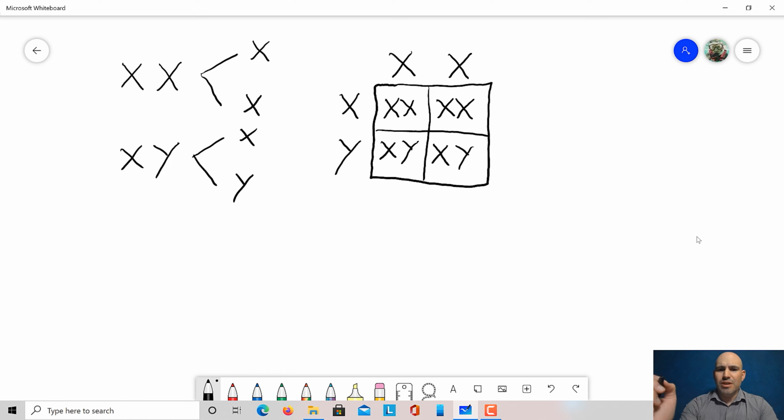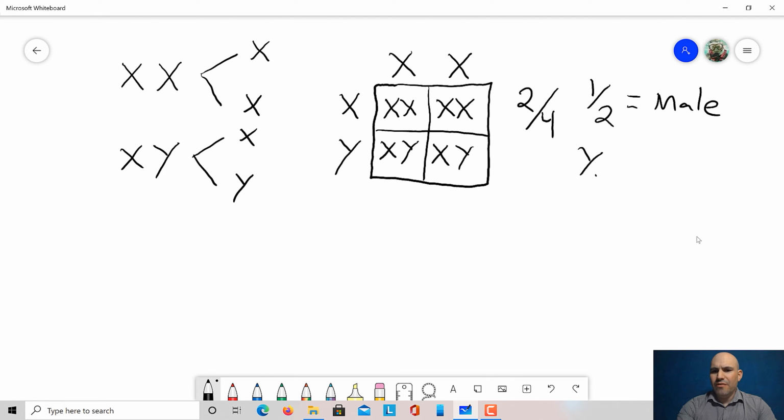That will also be a male child. So looking at this Punnett square, 2 out of 4, which of course we reduce to 1/2, will equal male children, and 1/2 of our squares will equal female children.